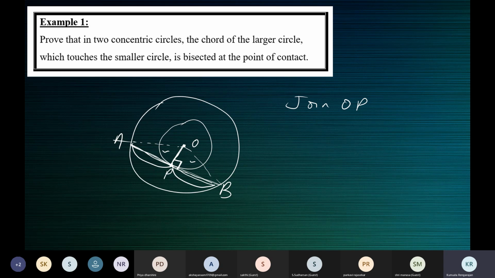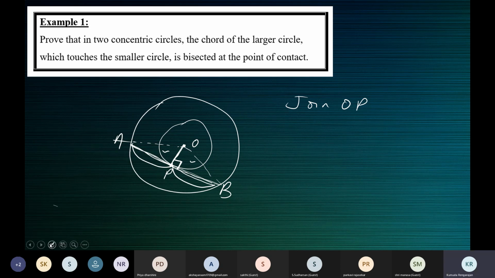RHS rule of congruence. So AP is equal to BP by CPCTC. You can do it like this. You can prove that triangle APO and triangle BPO are congruent to each other by the RHS rule. Then by CPCTC, AP is equal to BP.